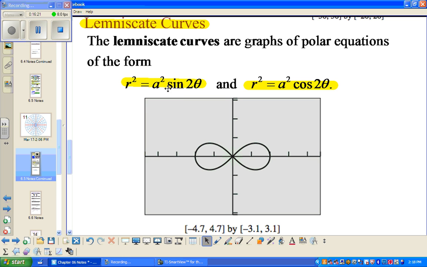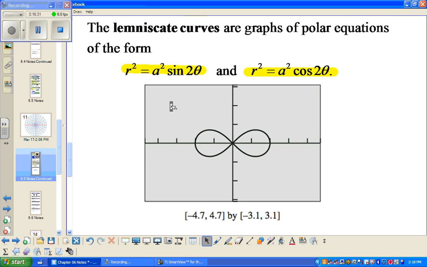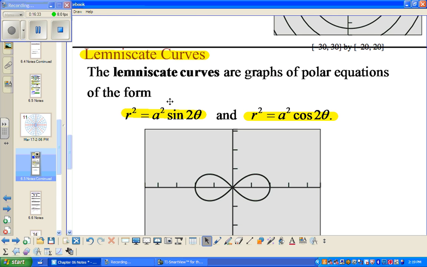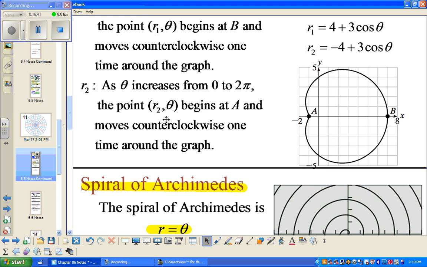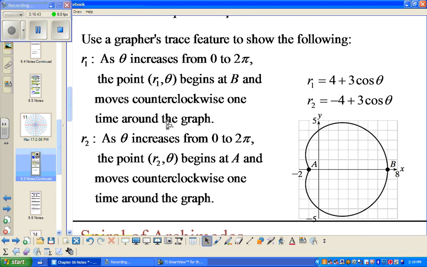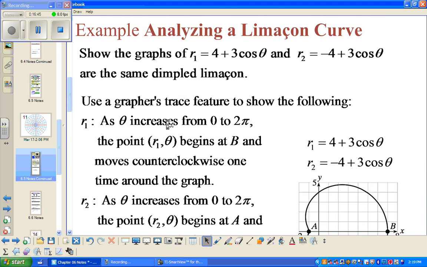Well, you'll have to take the square root of both sides and then graph the square root of a squared sine 2 theta and graph negative the square root of a squared sine 2 theta. You have to graph both of those. So experiment with those, see what you can do, and again, what we're trying to do is get accurate graphs, accurate drawings.